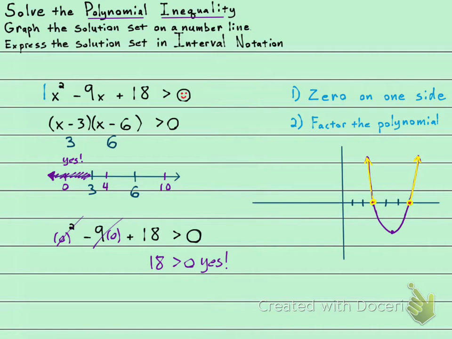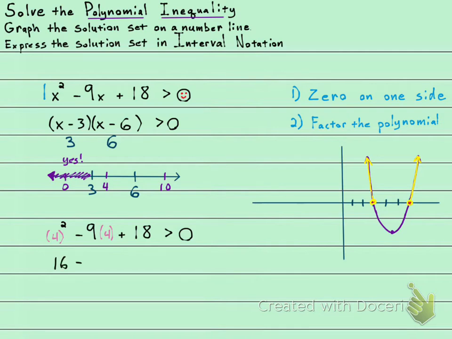All right, let's test number 4. Instead of x right here, I'm going to plug in the number 4. And instead of x right here, I'm going to plug in the number 4. All right, let's see what I get. 4 squared is 16 minus 9 times 4, 36, plus 18.